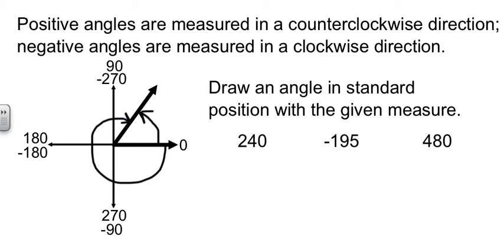One of the things they're going to ask us to do is draw an angle in standard position with the given measurement. So I've got labeled on here 90 degrees would be straight up, 180 would be straight out left, 270 would be down. If you continued the pattern, 360 would be here where 0 is, 450, 540, and so forth.